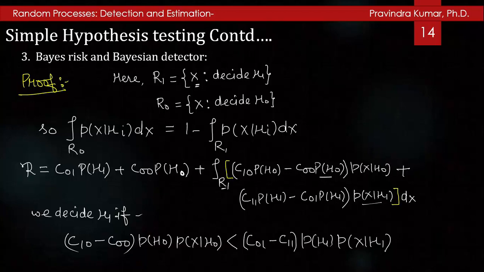And if we decide H1, this means (C10 minus C00) P(H0) and the conditional probability P(x|H0) will be less than (C01 minus C11) P(H1) and the conditional probability P(x|H1).